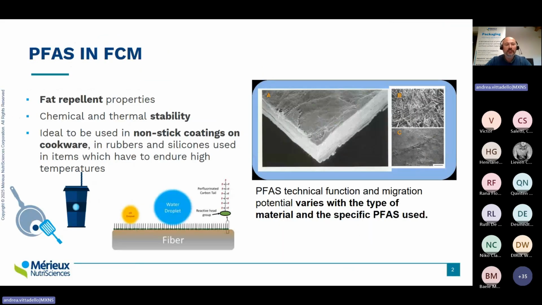The first three slides will overlap a little bit with Sarah's presentation, because they give a sort of introduction to the technical and analytical investigation, because all the analytical investigation that I will explain later is a mirror of the use of PFAS and the restrictions.